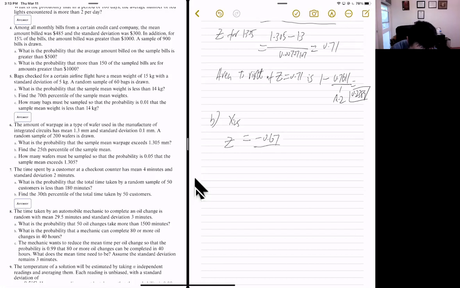Based on the equation, z is minus 0.67, mu 1.3, sigma, so we get x, the 25th percentile. Make sure you can go back and see if you have the same answer.